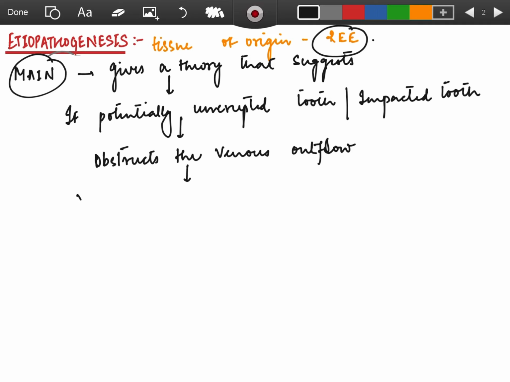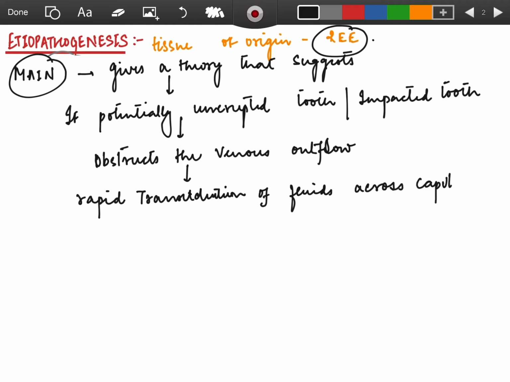So this will lead to rapid transudation of fluids across the capillary walls, which will increase the internal hydrostatic pressure.